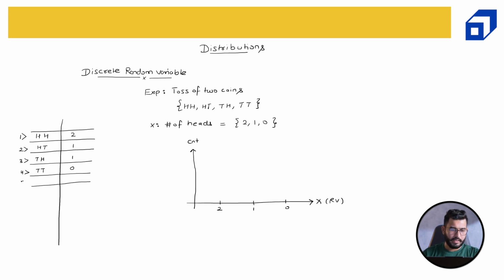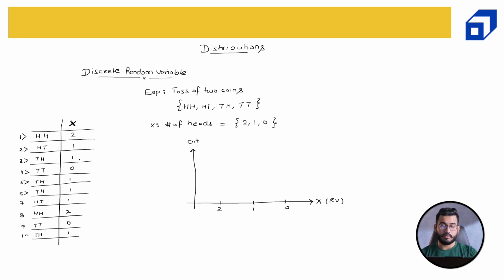In trial number 5 you obtained tail head, so 1. Trial number 6 you obtained tail head, again 1. 7 you obtained head tail, so 1. 8 you obtained head head, so 2. Then 9 you obtained tail tail, so 0. And 10 you obtained tail head, so again 1. Now this is my outcome or random variable x.